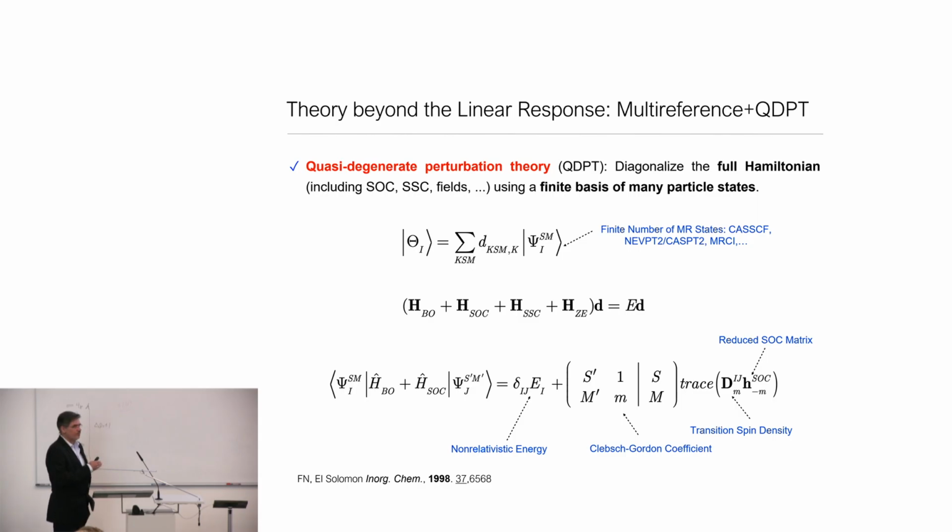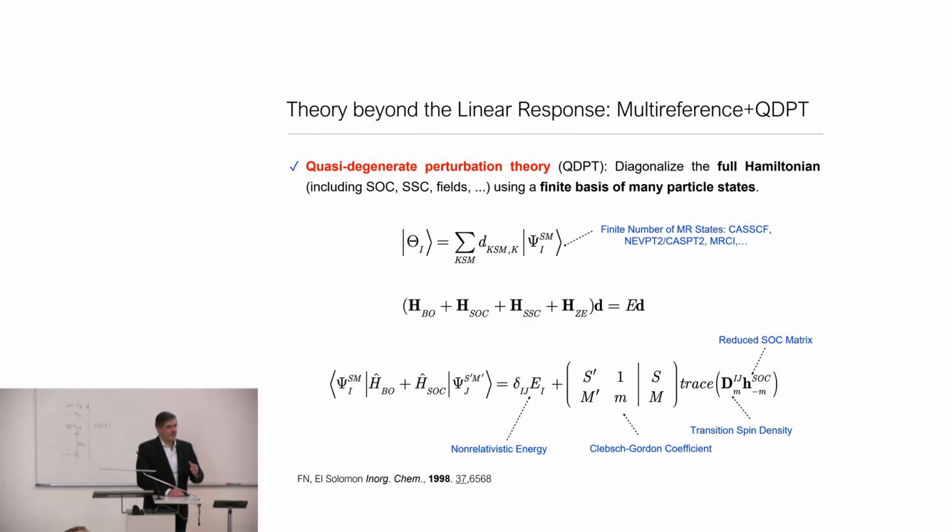But then instead of using perturbation theory to introduce these small terms, you pack everything together, like the Born-Oppenheimer, the spin-orbit coupling, the electron-electron spin-spin coupling, and the Zeeman term, etc. And you pack all that in one big matrix, and that is called the quasi-degenerate perturbation theory matrix, or the master matrix, and then you brute force diagonalize it.